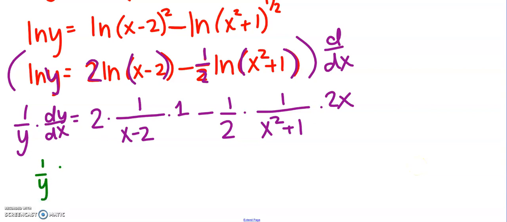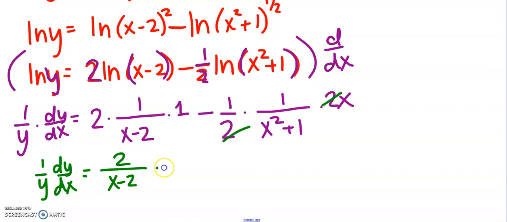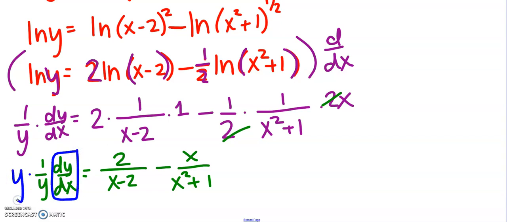I have 1 over y times dy/dx equals, I get a 2 in the numerator here, x minus 2, and here my 2's will cancel out, minus x over x squared plus 1. So I'm really close. I'm just supposed to isolate this dy/dx, which means I need to multiply both sides by y.